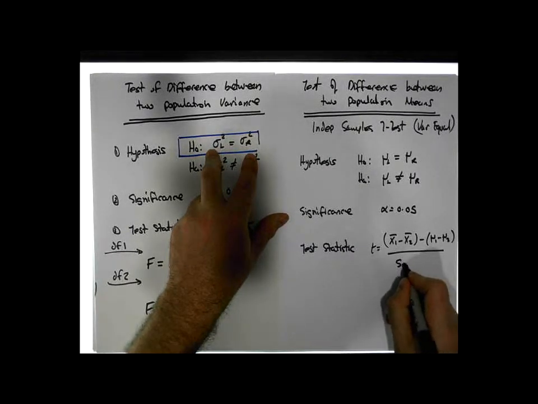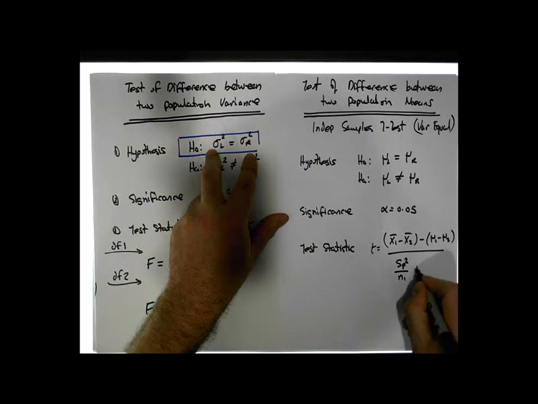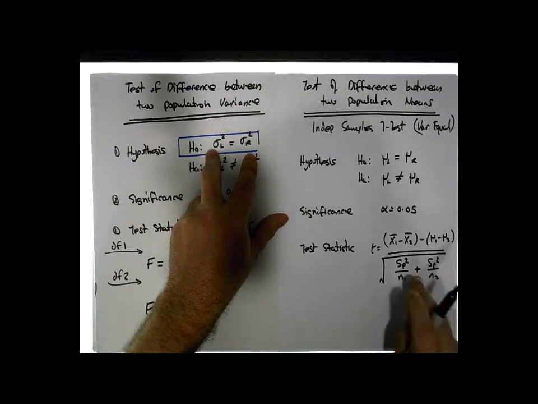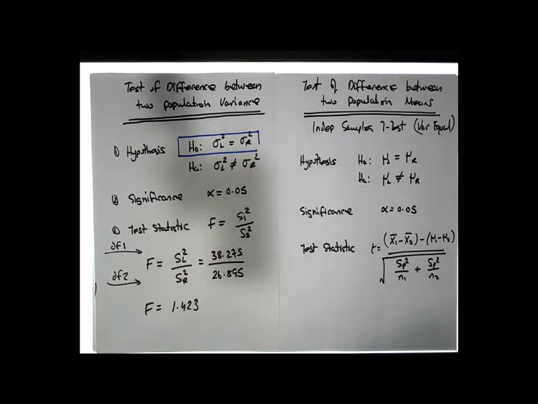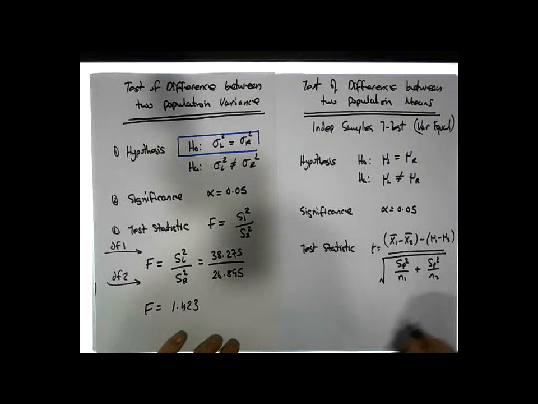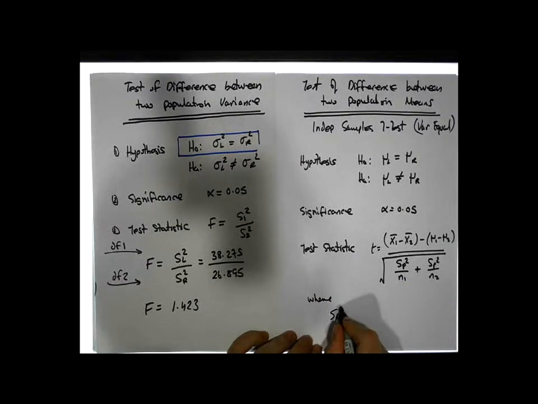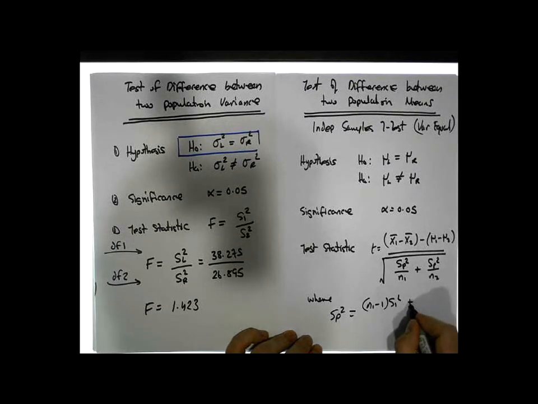So we've got sp squared over n1 plus sp squared over n2, and it's the square root of that. That's the standard error here for the difference between two population means when the variances are assumed equal, where sp squared is equal to n1 minus 1 times s1 squared plus n2 minus 1 times s2 squared, divided by n1 plus n2 minus 2.